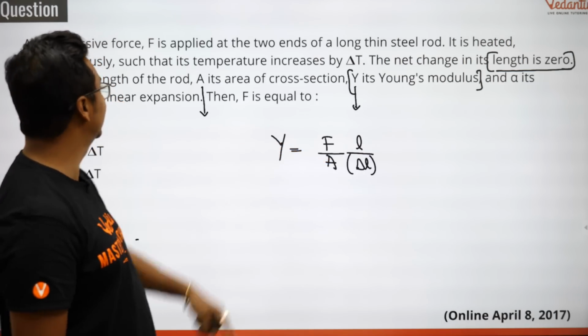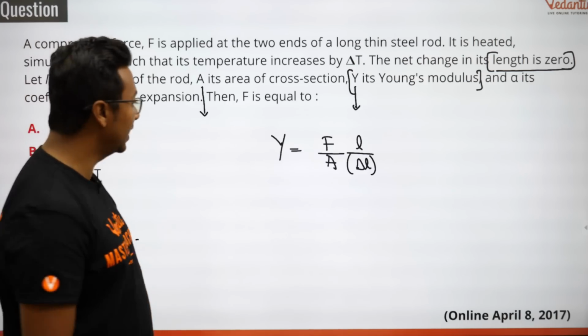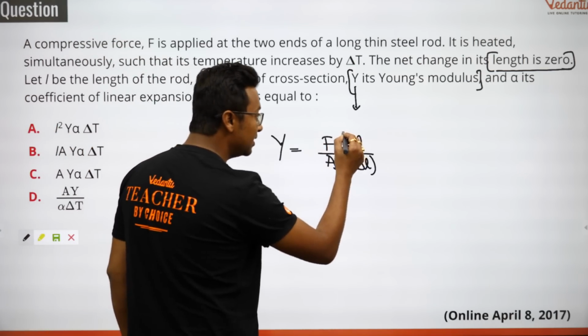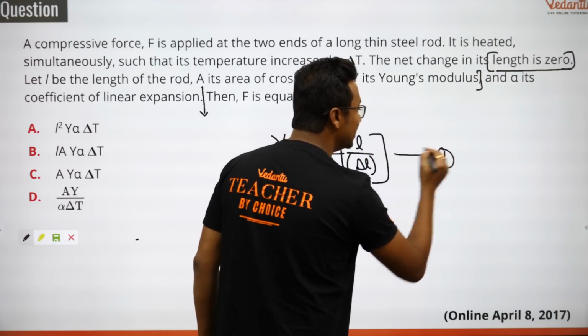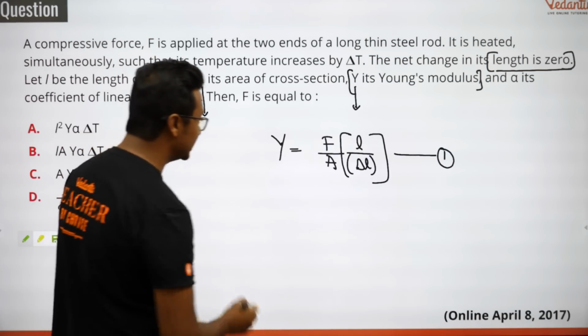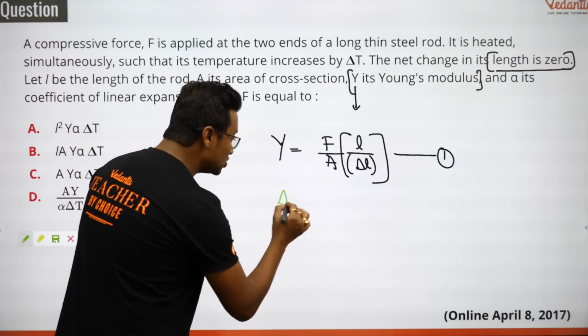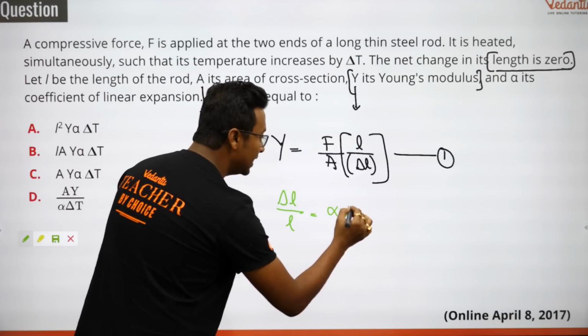What is delta L out here? Now we can find it out. Now this quantity here, delta L by L, is from the part where we are applying the force. Clear? Students, focus. We also know my delta L by L is nothing but equal to alpha delta T.